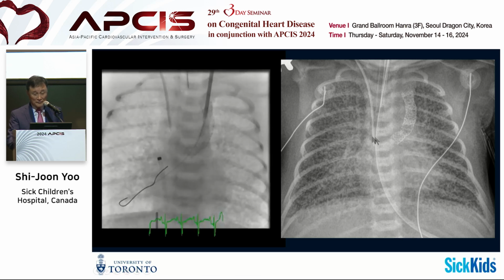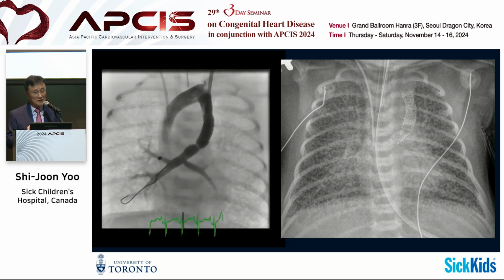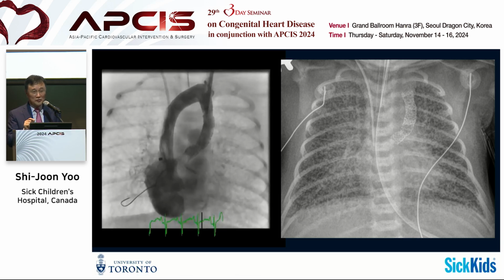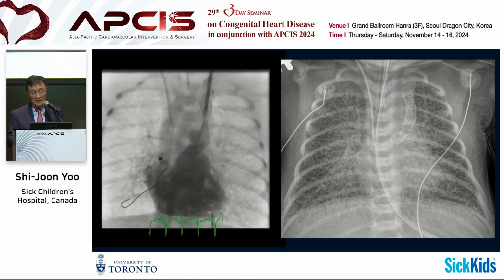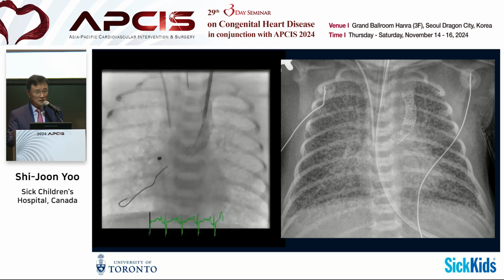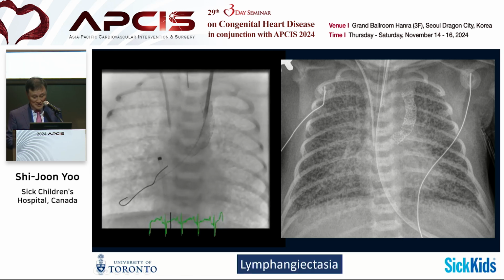I show that after stent placement. You can see very, very reticular, thick interstitial densities. I don't have a numeric criterion for how thick it should be when you call it lymphangiectasia, but it's too severe to be simply pulmonary edema alone. And this is a typical finding of lymphangiectasia.